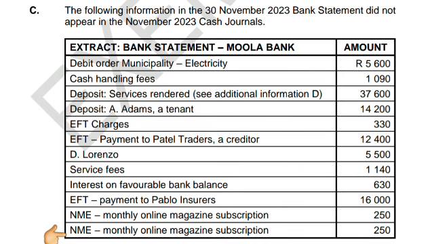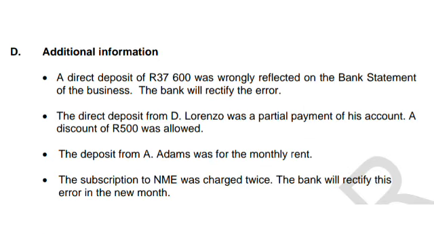In the bank reconciliation statement, because that's its purpose. So we look at the last bullet in information D. It says the subscription to NME was charged twice. The bank will rectify this error in the new month. If it's the bank rectifying it, this simply means that it is the bank who made that error.